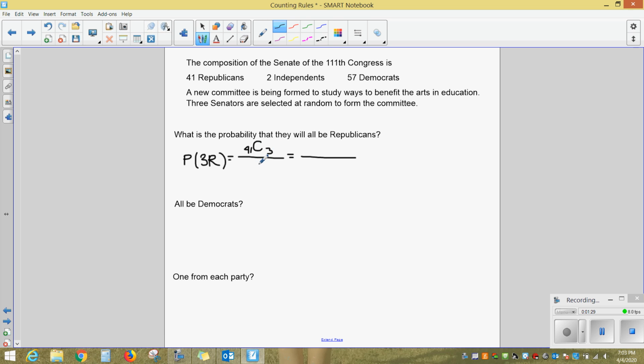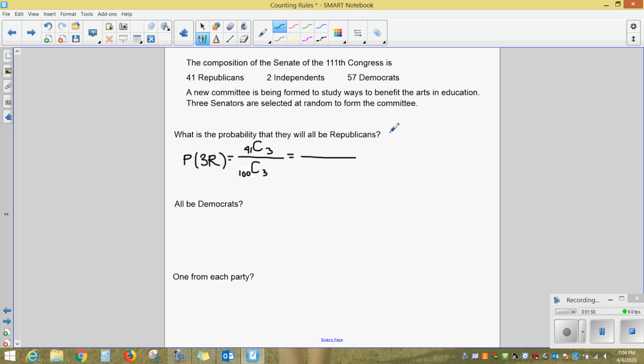Now on the bottom, I'm still choosing 3, but from the grand total of people that we're starting with. 41 and 2 is 43, plus 57 is 100 people that I'm choosing from to start with.